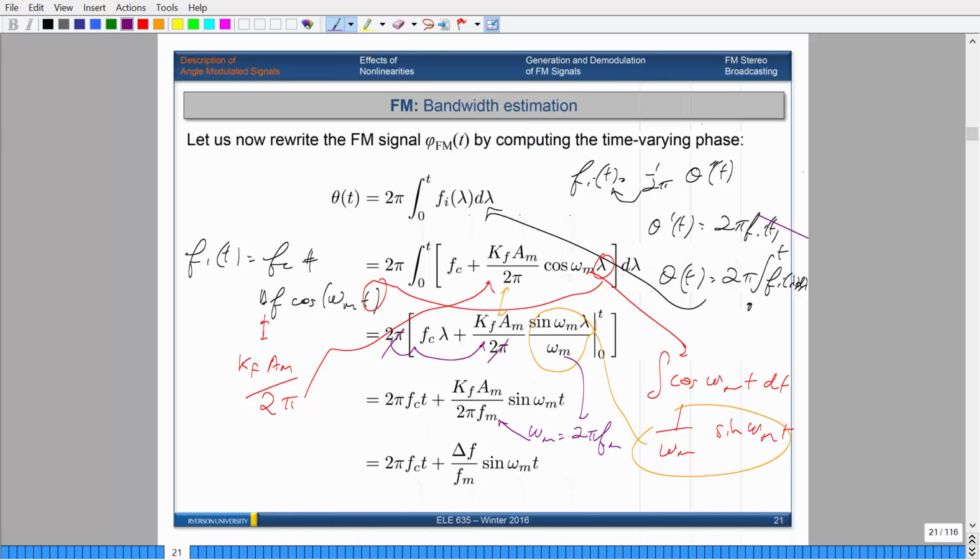Once they have this, they finally substitute this here. That's what we already know, so this is delta f, right? They substitute that and put that here instead. So there's delta f divided by f_m, and then sine omega_m t. So this is what the phase representation would be, okay? That would be your theta of t.